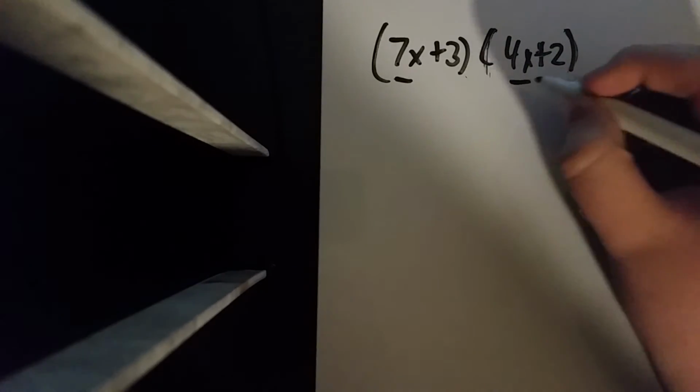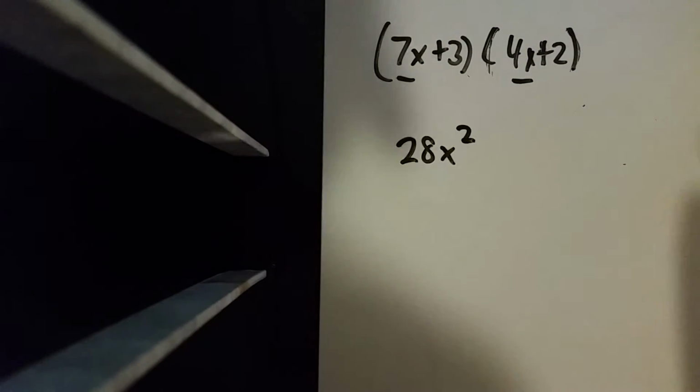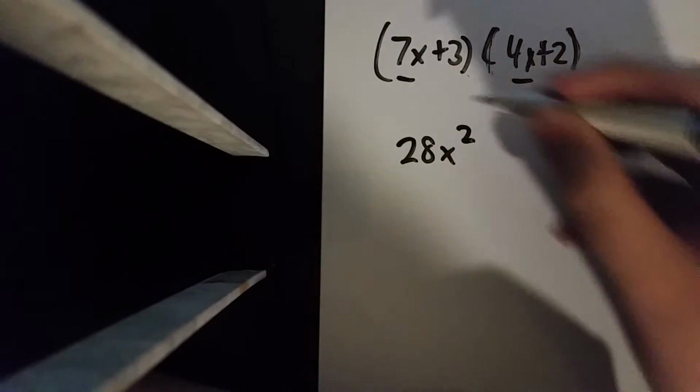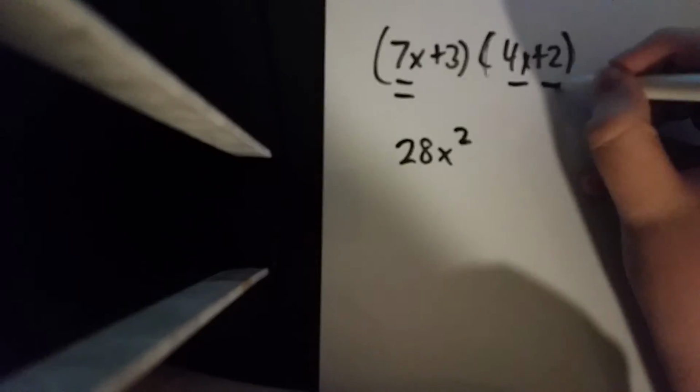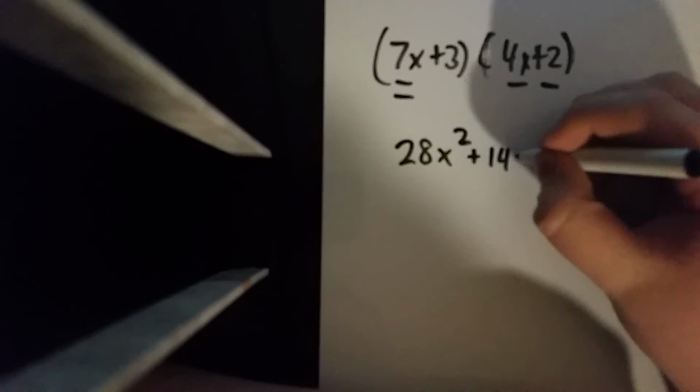If we take 4x plus 2, and check using our FOIL, we find out that 7x times 4x is 28x squared. And we do our outer, 7x times 2 is 14x.